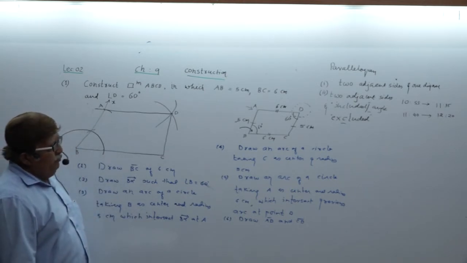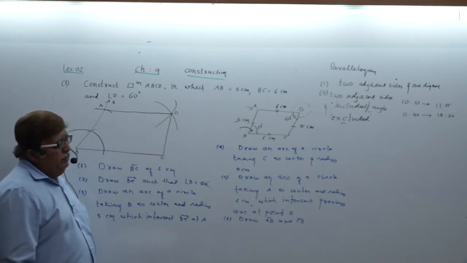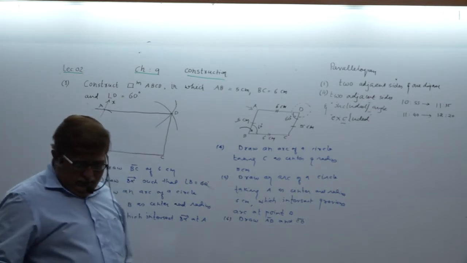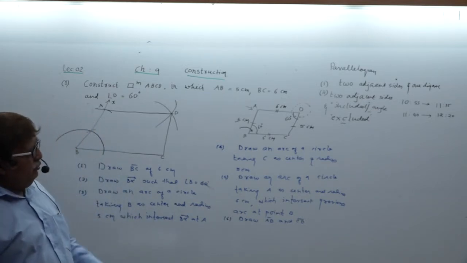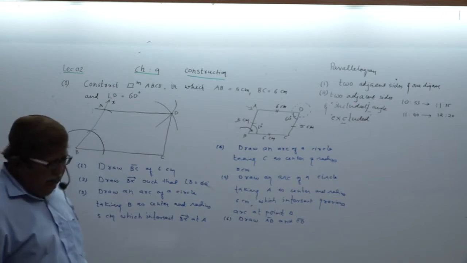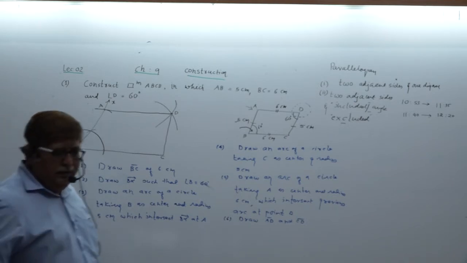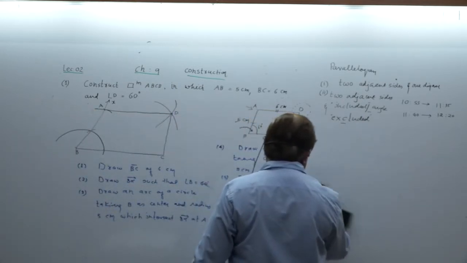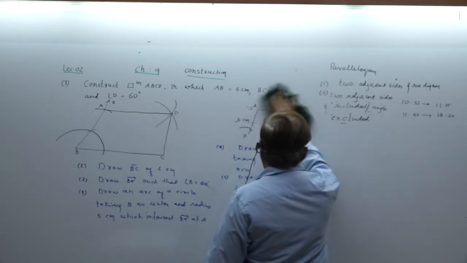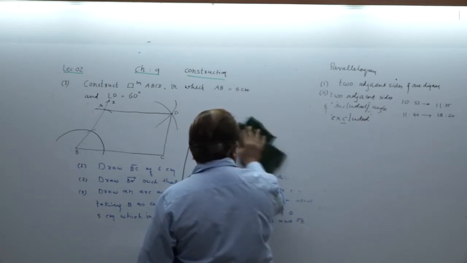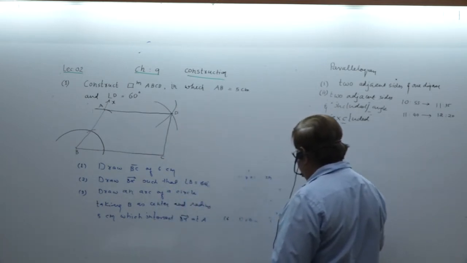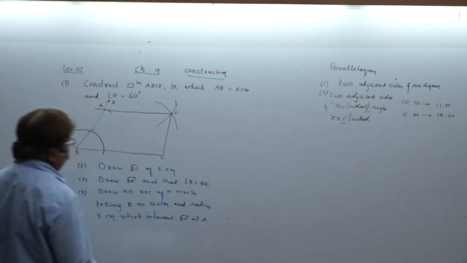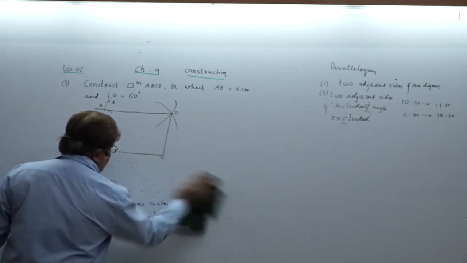Understand, it's not so difficult. So this is, dear student, construction of parallelogram under another condition, that is two adjacent sides and included angle are given. Okay, now you must have written the step with me. Now we are going to target construction of parallelogram only, but under some different conditions.